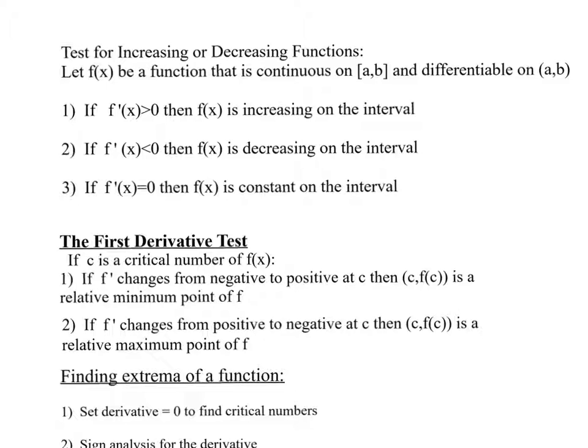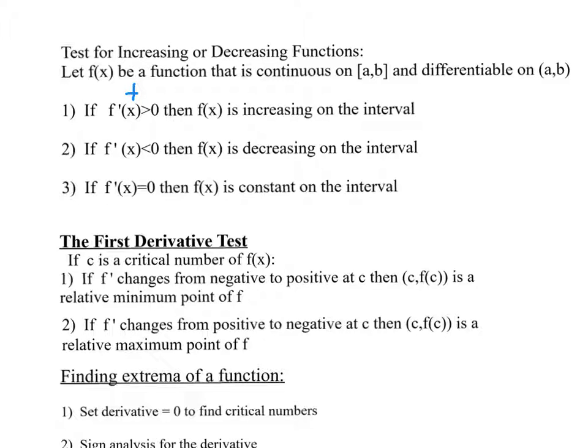So if I've got a function f of x, and it's continuous on the closed interval from a to b, and differentiable on the open interval from a to b, I will be able to tell that the function is going to be increasing if f prime of x is greater than 0. So that's where my derivative is positive.